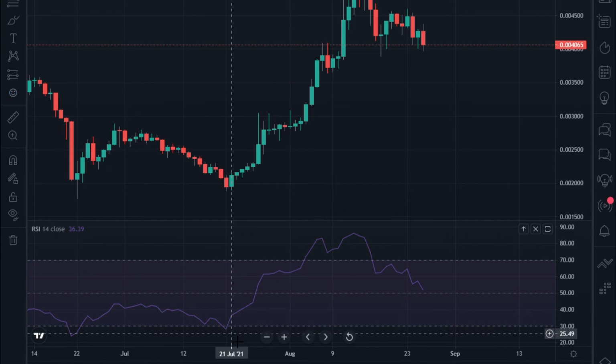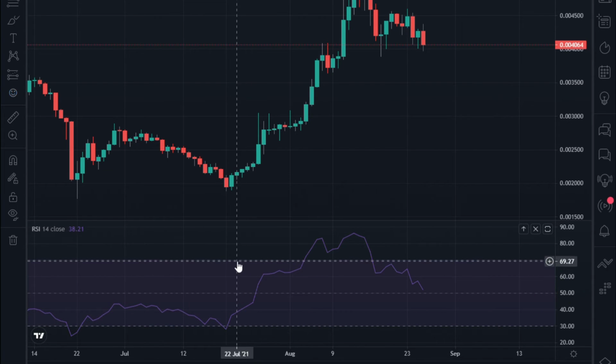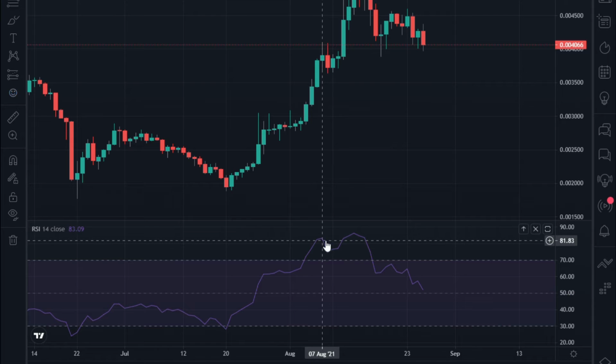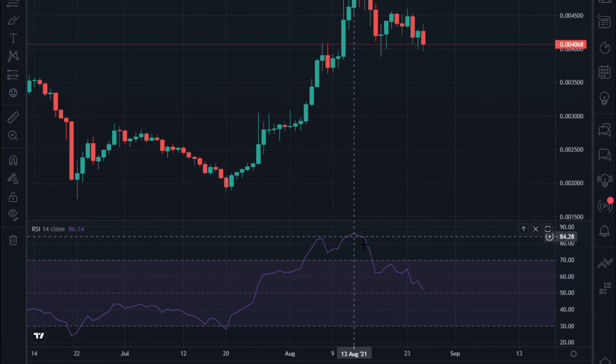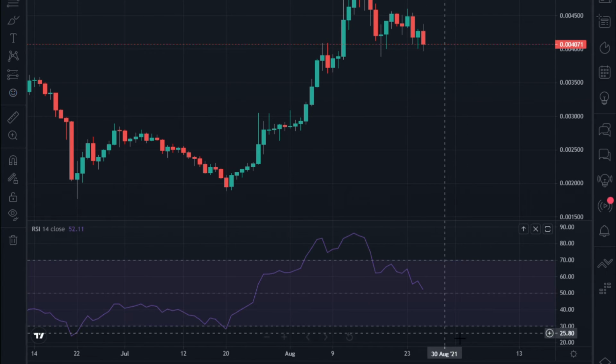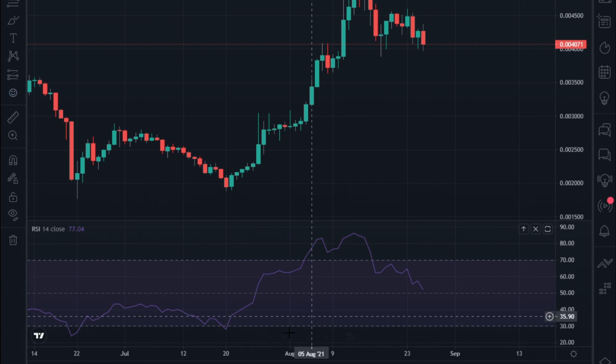And the line you see at the top is the overbought market. When it goes up more than 70, we will see most of the people have started selling after that. So that is the place where you sell it off.